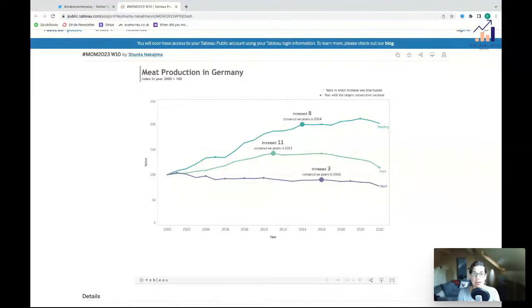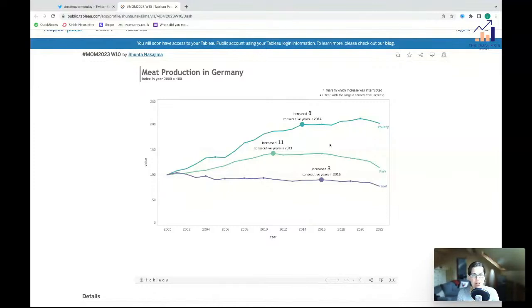People get a bit more health conscious. Not that I think poultry is any healthier than those two, but that seems to be the consensus amongst popular media and society. And what are people eating instead? That's what I would be curious about. Are they eating more fish? Are they eating more grains and vegetables? Are they eating just something else?